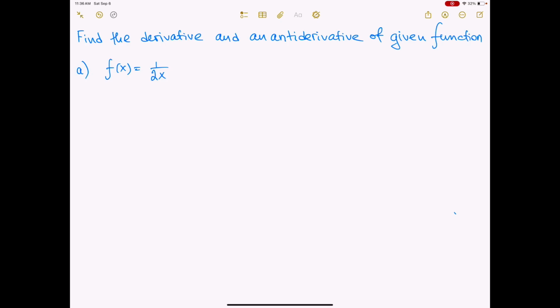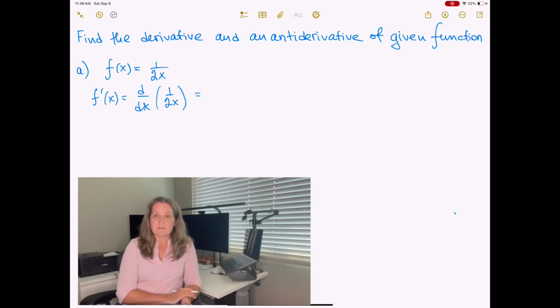Let's consider the function f of x equals 1 divided by 2x. The calculation of the derivative of this function requires either using the quotient rule or observing that the function 1 over 2x can also be written as the constant 1 over 2 multiplied by x to the power minus 1.